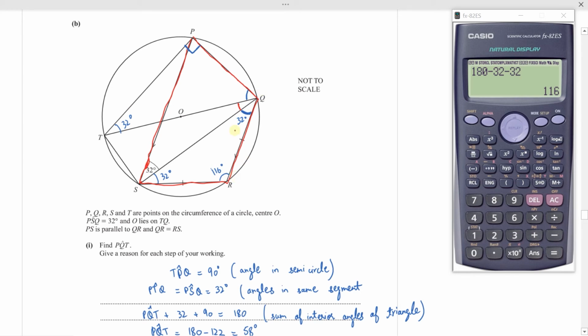So using the property that the opposite angles of a cyclic quadrilateral sum up to 180 degrees. We calculated this angle PQT in the first part and it was 58 degrees. So this angle here is 58 degrees.